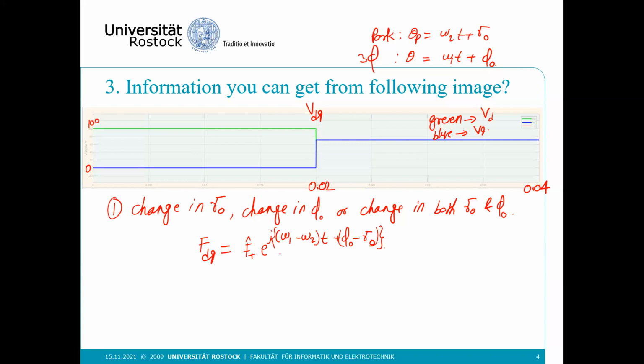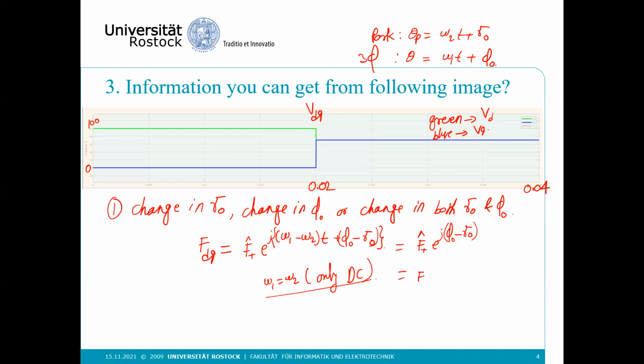So here omega 1 is equal to omega 2. Why is it? Because we have only DC. Then what would be our expression? We will have f cap into e power j (phi naught minus gamma naught).